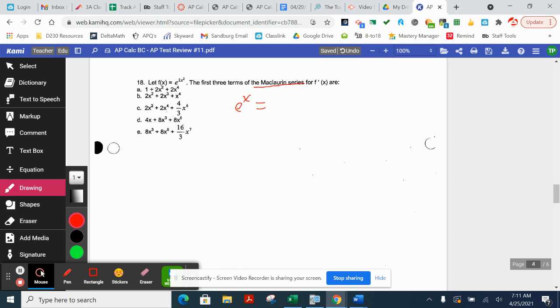We want to know what the polynomial terms are in that series. All right, so we get that. We can continue on if you want. I want you to create e to the 2x squared. So that just means wherever we have an x, we're plugging in 2x squared.